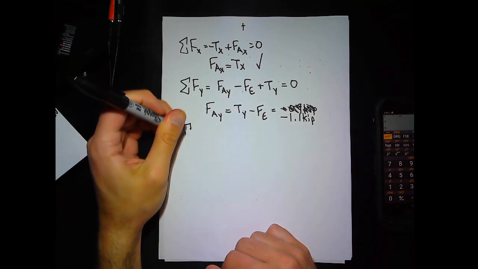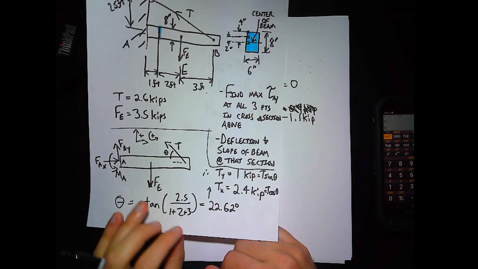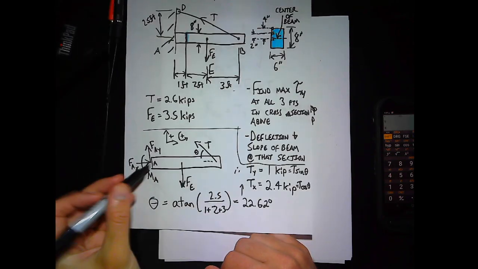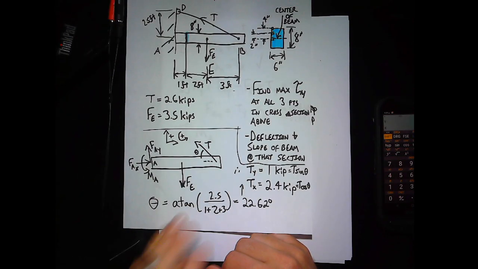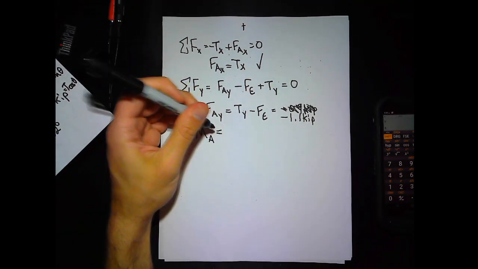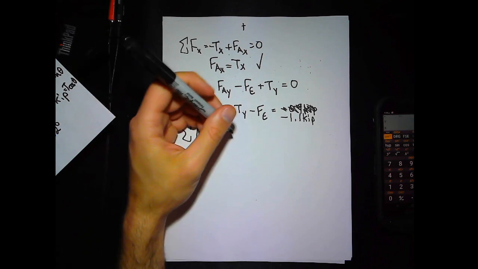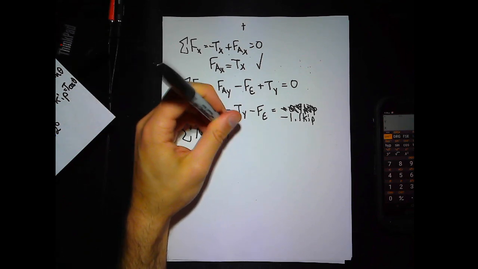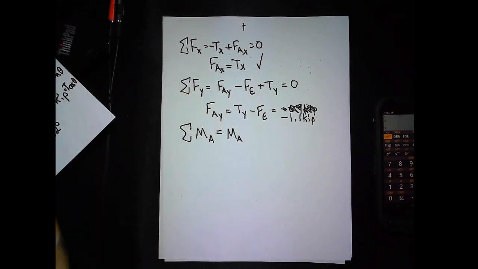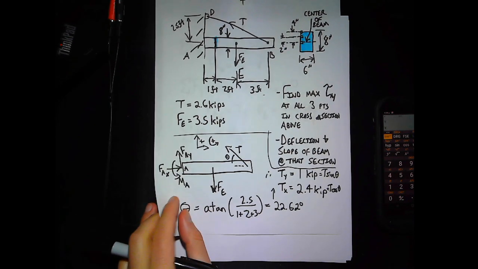Okay, to get that reaction moment, do a summation of moments. Let's do it at A. So we'll sum moments around A here. The forces at A do not create a moment around A because the moment arm is 0. The moment at A certainly produces a moment around A, that reaction moment, Ma, because it's not a force, it's a moment.